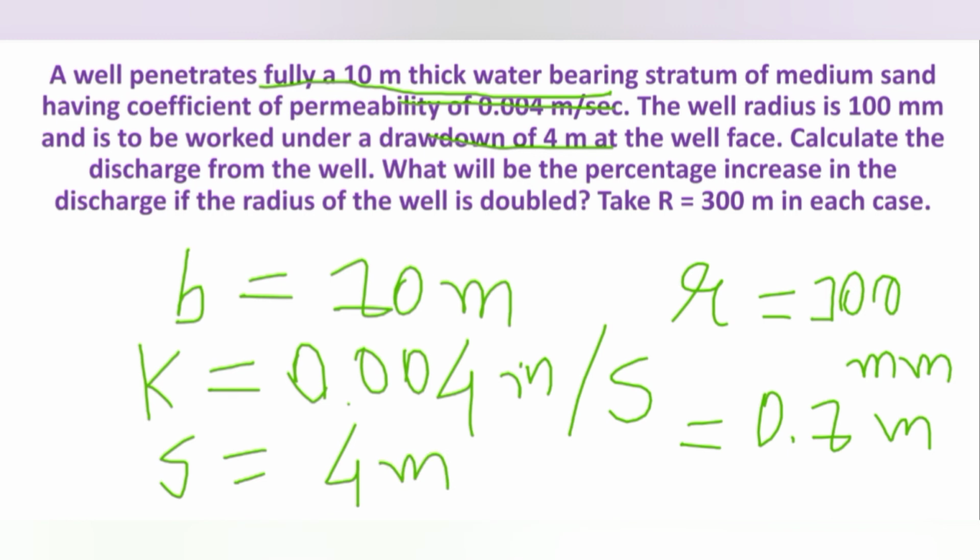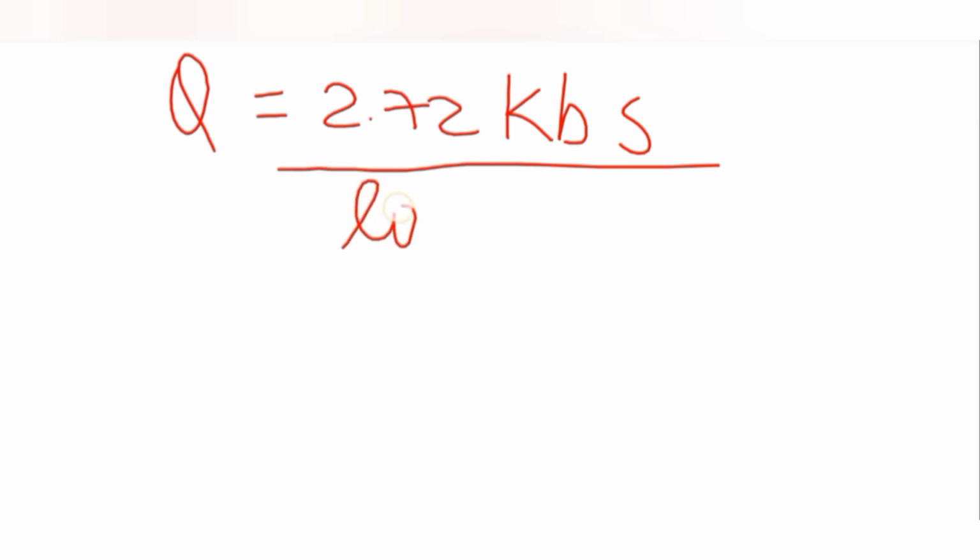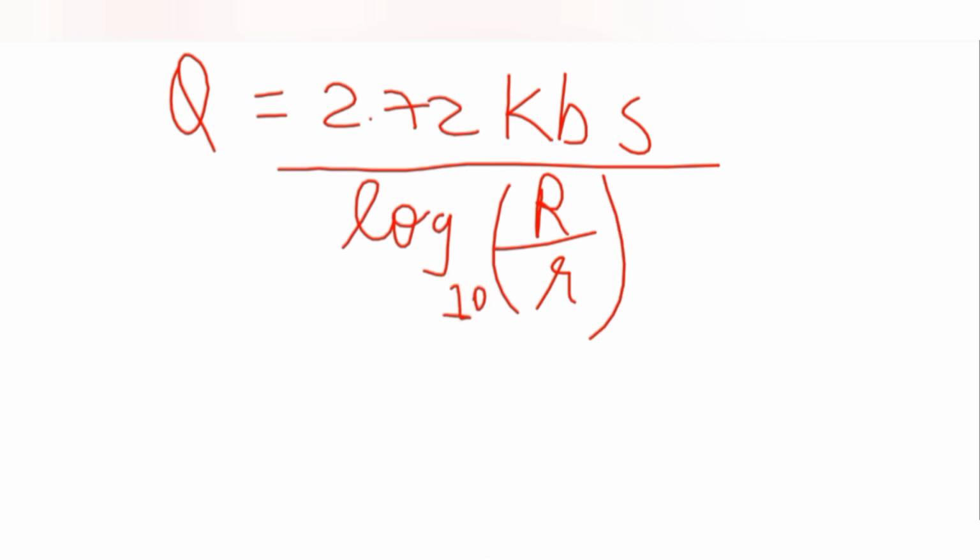Then we know that the equation for discharge for the confined aquifer is Q is equal to 2.72 K B S divided by log of capital R upon r to the base 10. We'll substitute all the values.